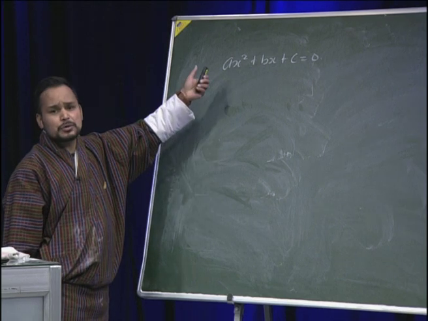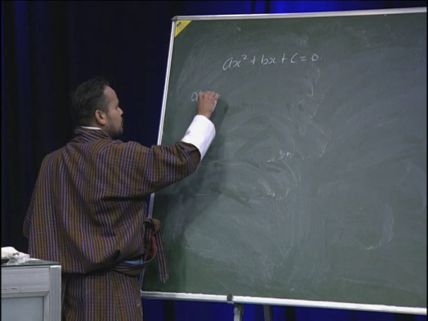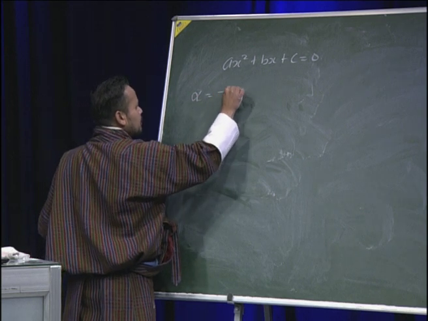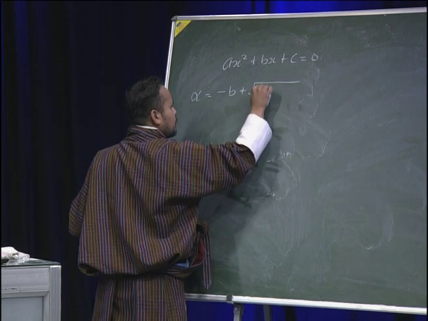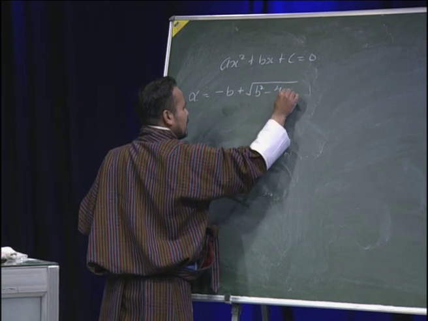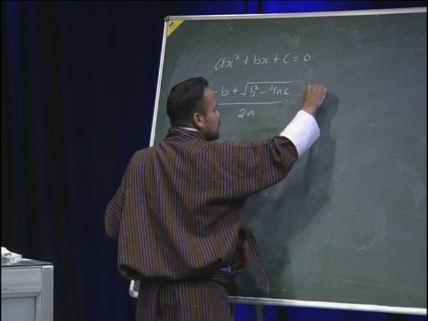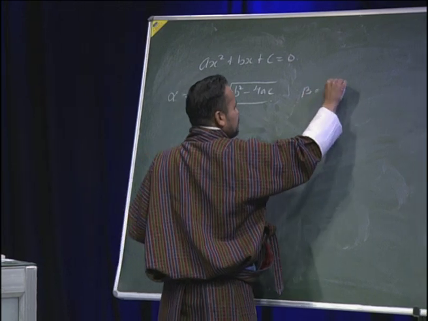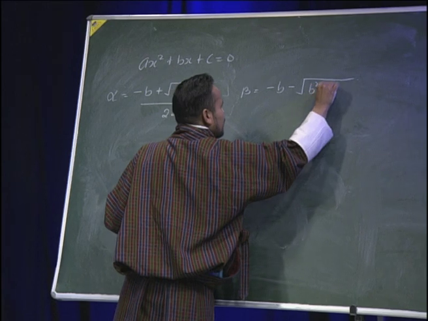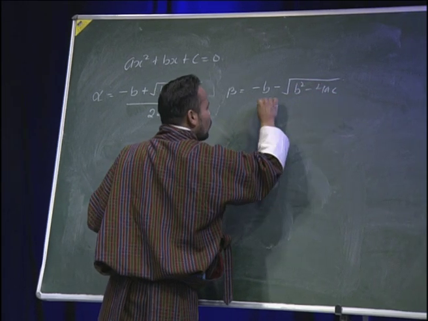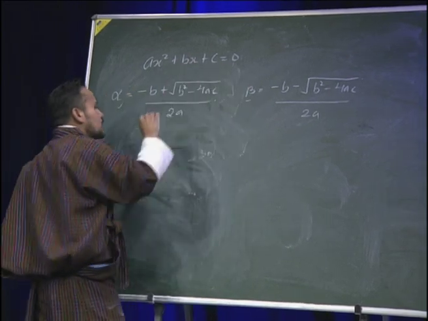Now the roots for this quadratic equation are defined by alpha is equal to negative b plus root of b square minus 4ac, whole divided by 2a. Beta is equal to negative b minus root of b square minus 4ac, whole divided by 2a. These are the two roots of this quadratic equation.